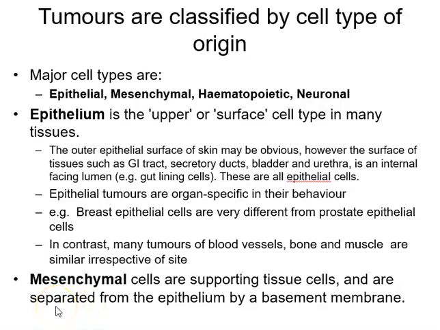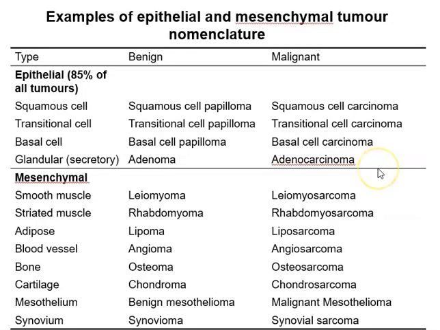epithelial and mesenchymal tumours. Okay, so we've got some pretty big words on here, but there's a simple way of remembering what the tumour names are. So we've got epithelial tumours, which is 85% of all tumours, and they are named based upon what type of epithelial cell they originally come from. So we've got squamous cell, transitional cells, you find these in the bladder, basal cells, you find these in all tissues, and then you've got your glandular secretory epithelium.